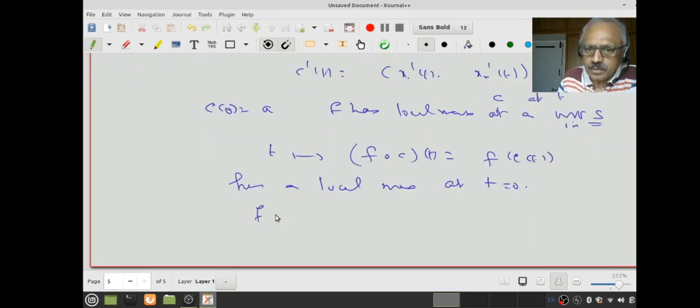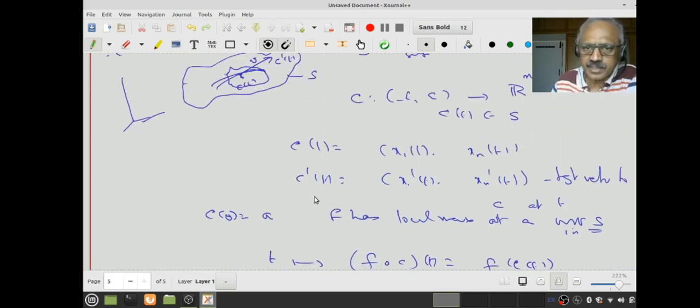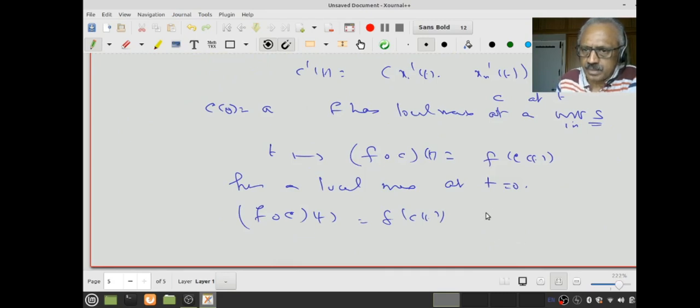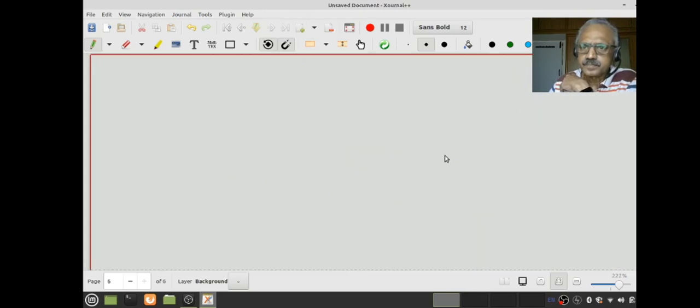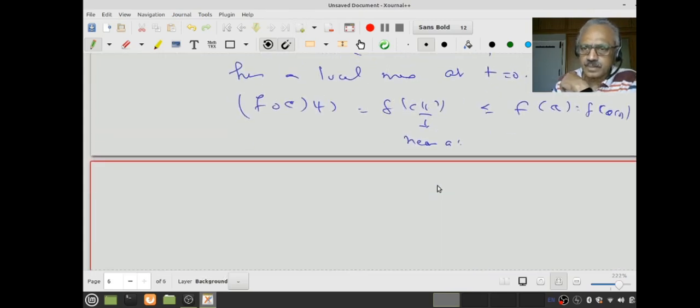Why? Because f of C of t, for t sufficiently near 0, because of continuity lies in this relatively open neighborhood of the point A in the surface. Therefore that will be less than or equal to f of A, which is f of C of 0.